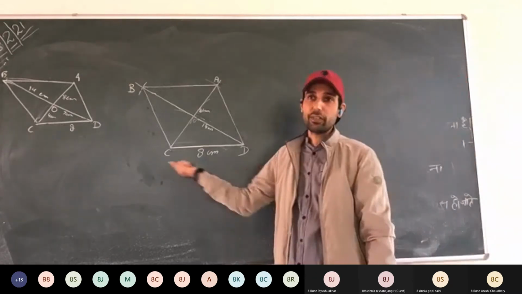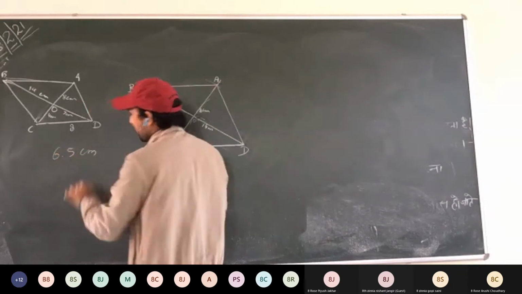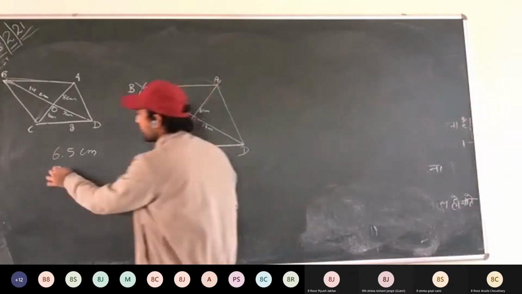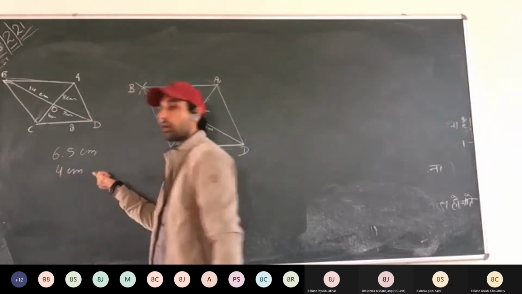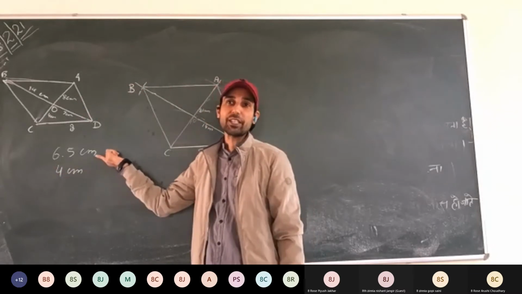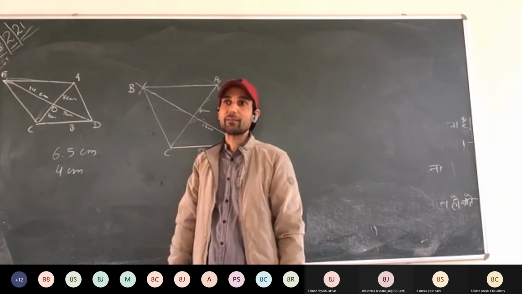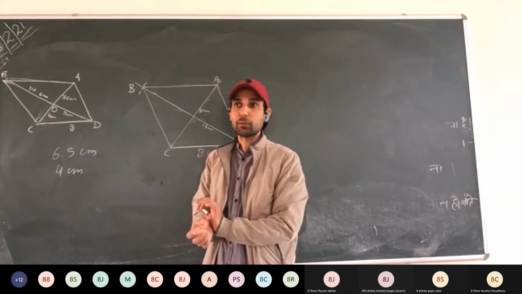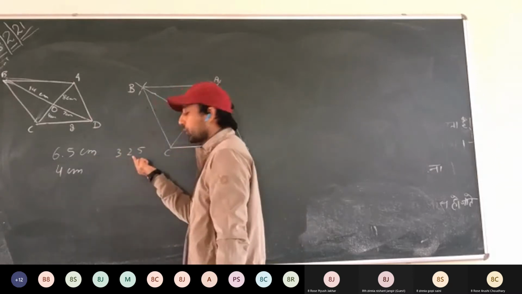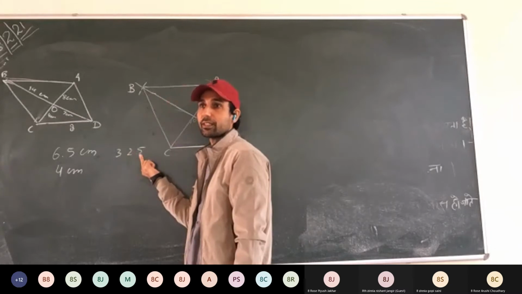The diagonal lengths are 6.5 centimeters and 4 centimeters. Half of 4 centimeters we can get, 2 centimeters. 6.5 centimeters, how to get half? 3.25. It is not on a scale. Smallest we can measure up to 1 mm. Up to 3.2 we can measure. How to measure 0.05 centimeter?